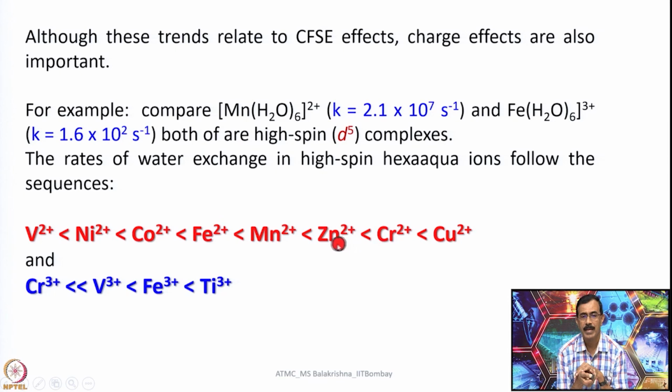As a result, there is some anomaly when you look into the increasing order of atomic number. It does not really follow. Of course, here also it does not follow, it is coming back. So, that means you cannot really take the increase in atomic number, it goes with the electronic configuration. And when we look into trivalent species, this is the order followed by metal complexes.